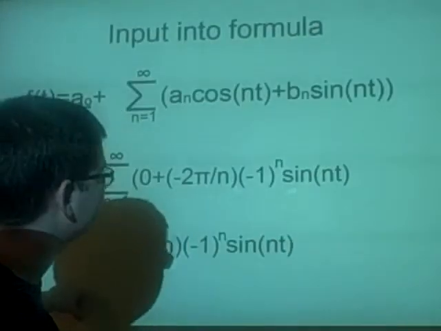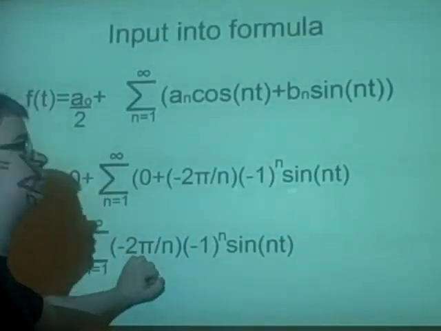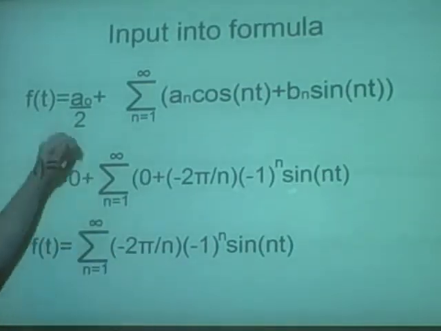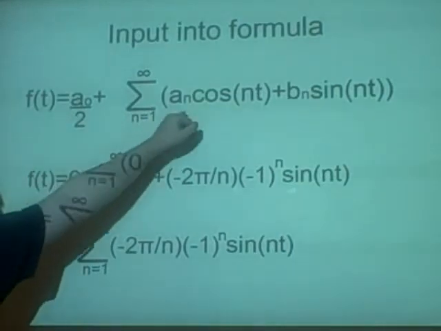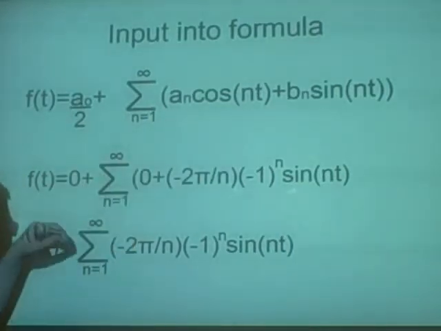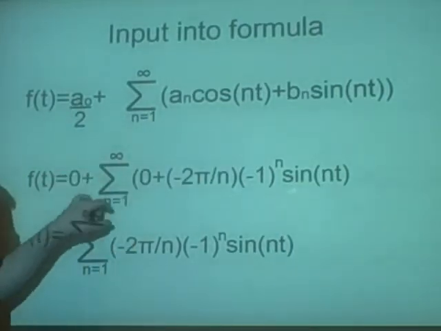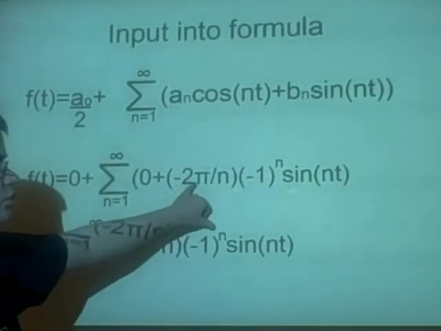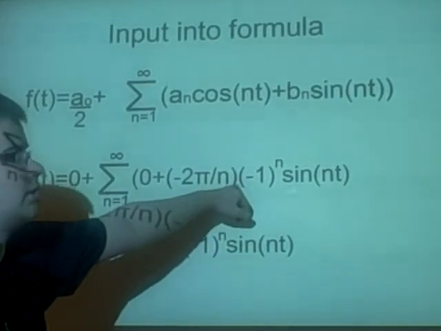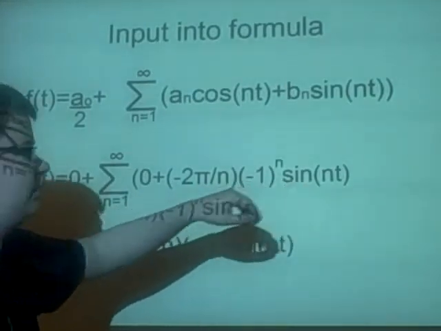Right, and now the final part, you just have to put it into the formula. So we remember our formula here. We've got all the values we need. We've got a0, an, and bn. We put them in there, so we've got 0 plus the sum n equals 1 to infinity of 0 plus minus 2 pi over n times minus 1 to the n cosine nt.